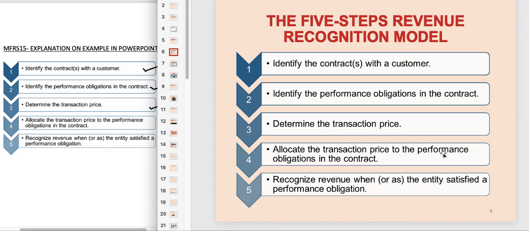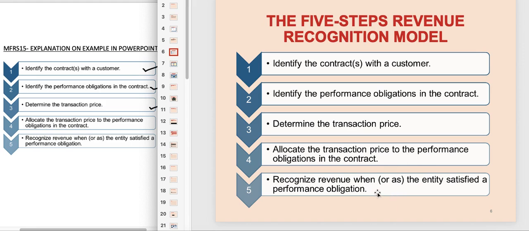If the company has only one obligation, then you may skip the allocation of the transaction price to each performance obligation.